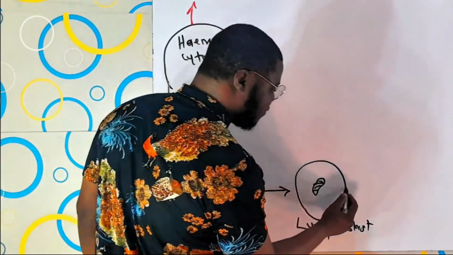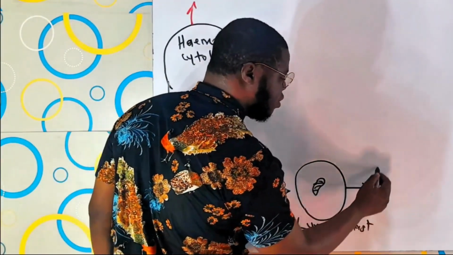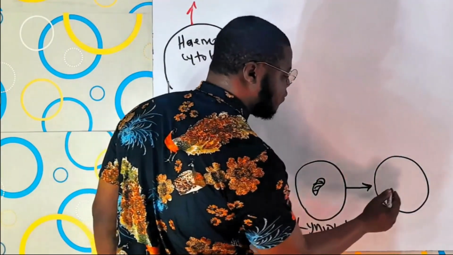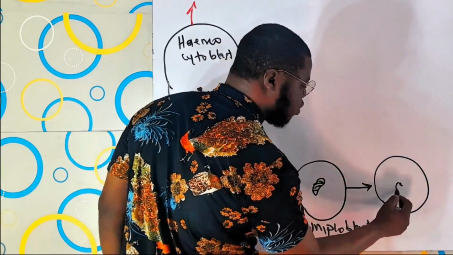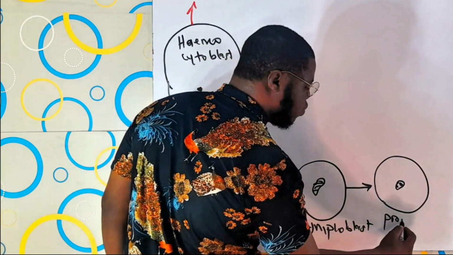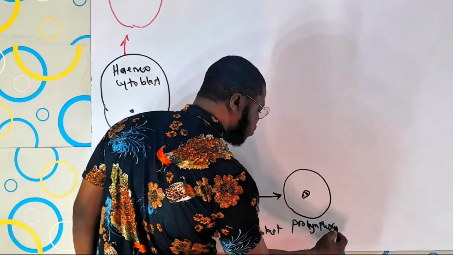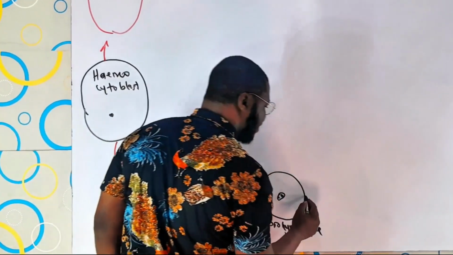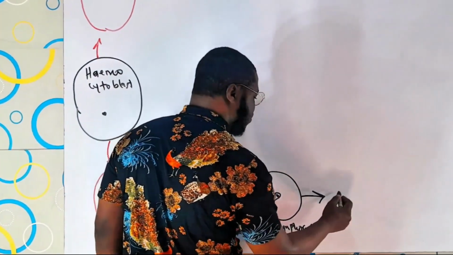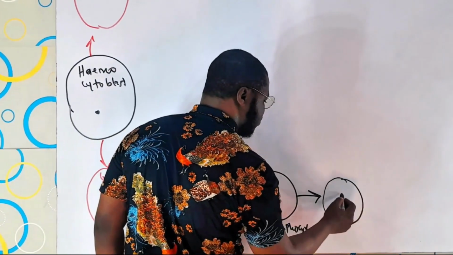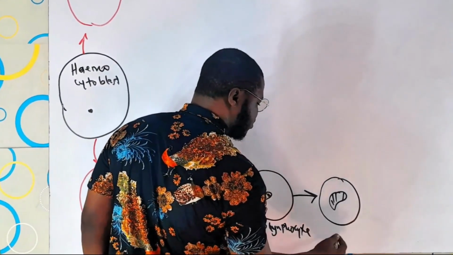And then when it further divides, it can become another cell called the pro-lymphocyte. And finally it can become the lymphocyte itself now.